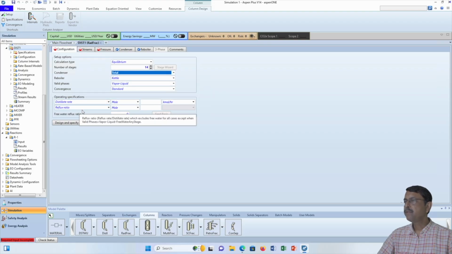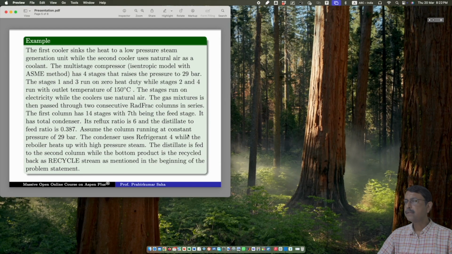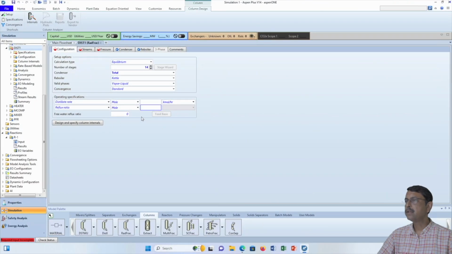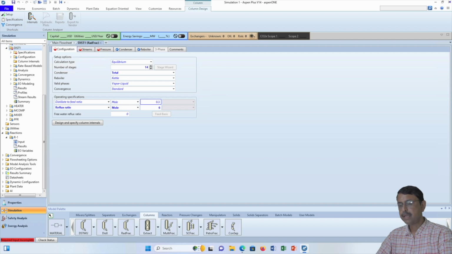The reflux ratio has been given. It is 6. Reflux ratio 6. Distillate to feed ratio 0.387. So it is 6, and distillate to feed ratio, it is 0.387.